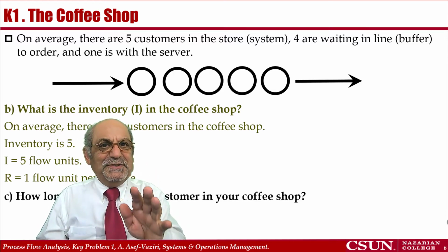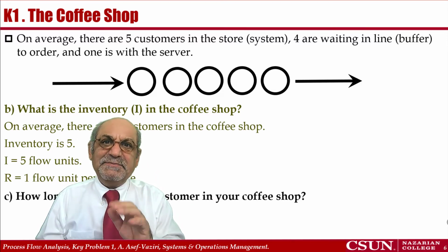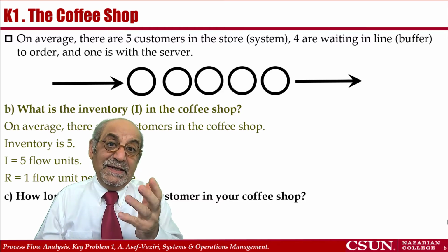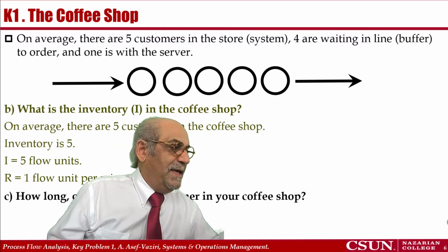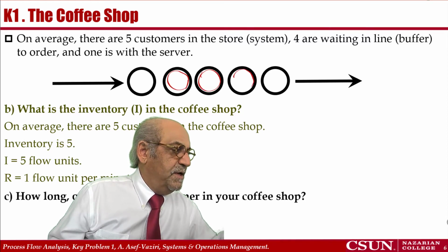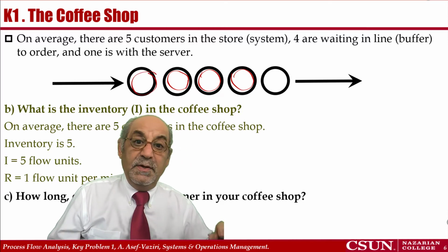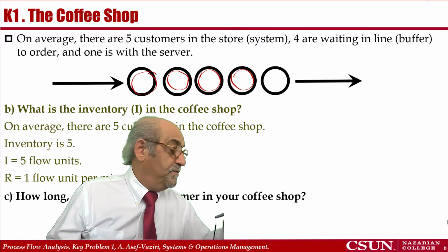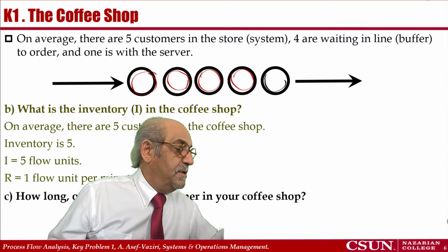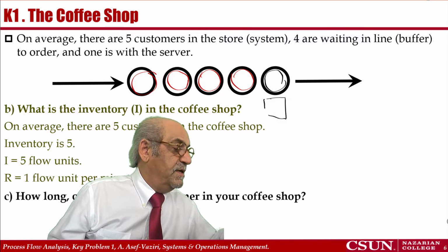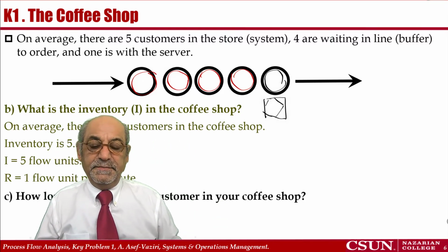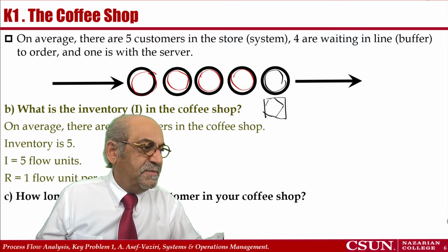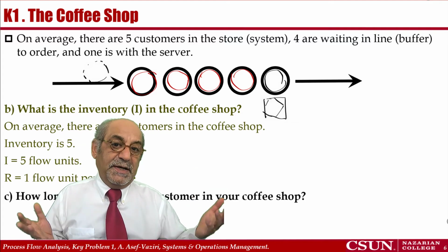Let me provide you with another explanation of Little's law. We have 1, 2, 3, 4 customers waiting here, and 1 customer is with the server. This is the server, the processor, okay? And another customer is about to arrive.